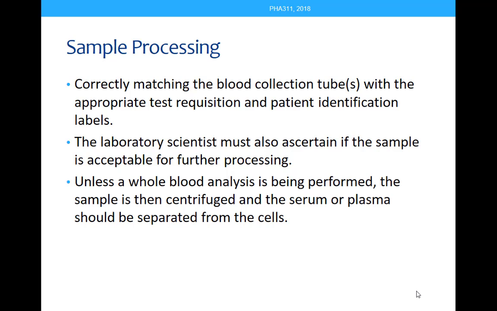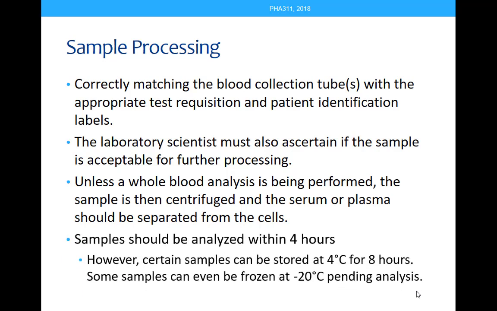Now, when you collect the sample, sometimes it needs processing. Sometimes it needs immediate processing, sometimes you can freeze the sample and do the processing later. So depending upon what you are looking at, you have to decide which type of sample processing you will carry out. Unless you are doing a whole blood analysis, the sample is immediately centrifuged, and serum or plasma should be separated and put in separate vials.